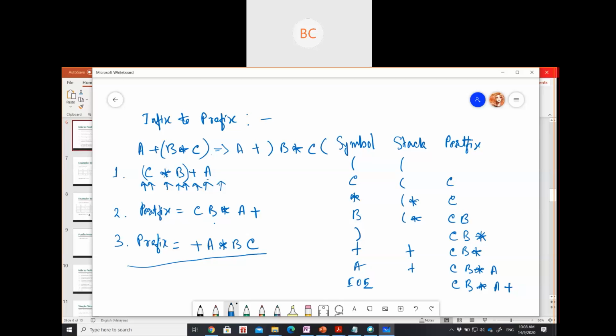Then after reversing, we need to convert into postfix. Then again, after getting our postfix notation, we need to reverse again to get your prefix. So reverse, postfix, reverse. Simple steps. Reverse, postfix, then reverse.